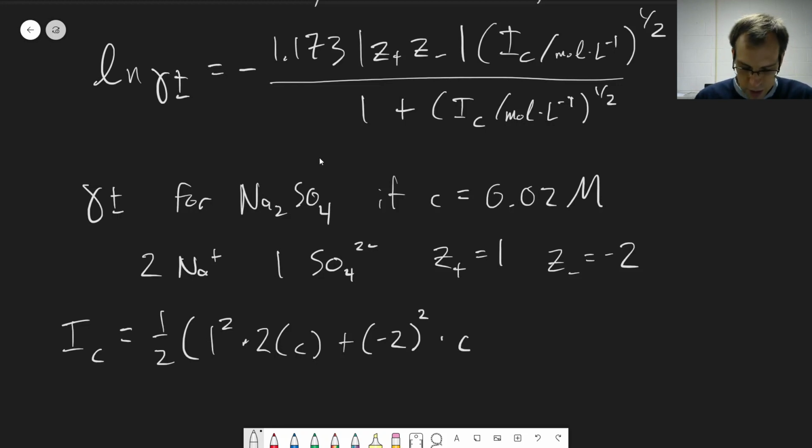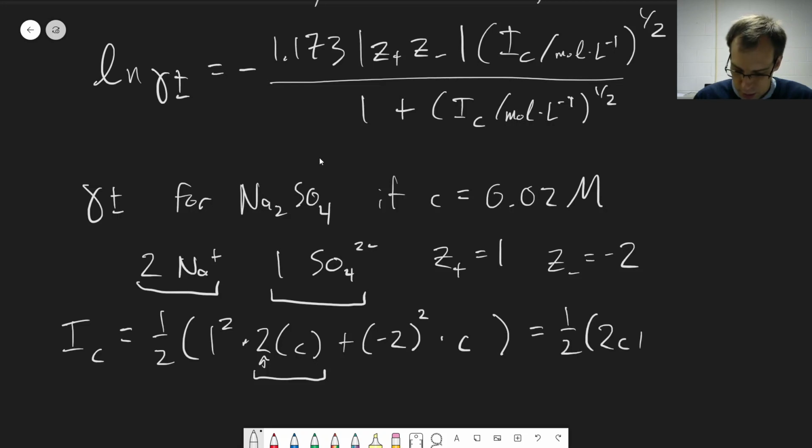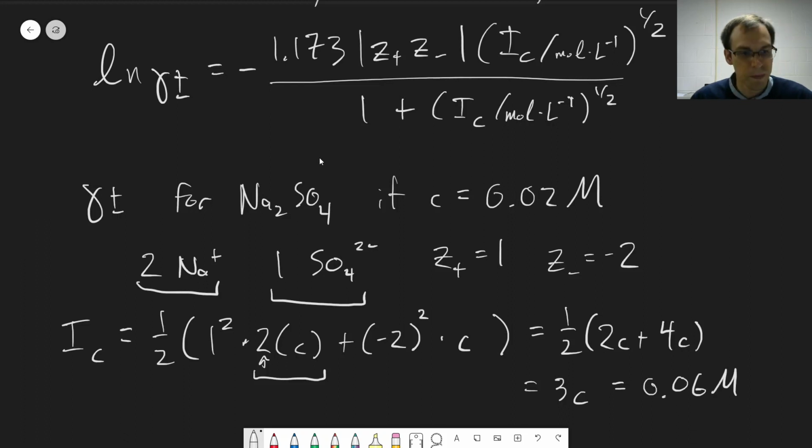Because we know we have 2 sodiums, we have to multiply by 2, whereas we don't need to do that for sulfate because only 1 is produced. If we plug that in, we get 1/2 times 2C plus 4C, which gives us 3 times the concentration, or in this specific case, 0.06 molar.